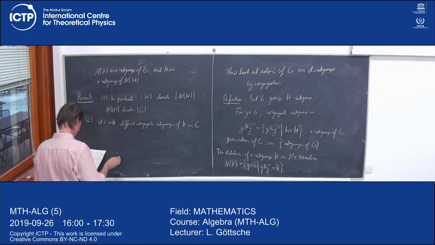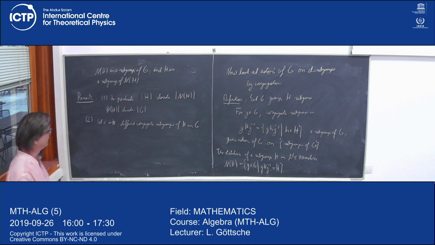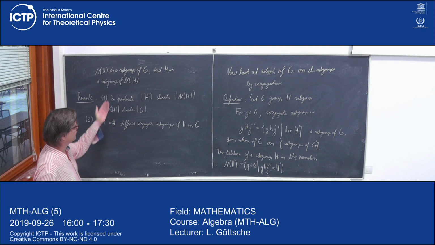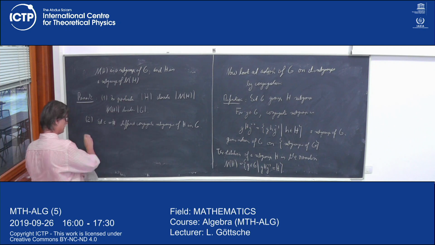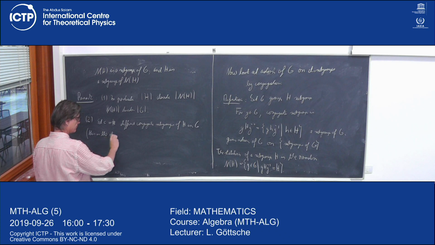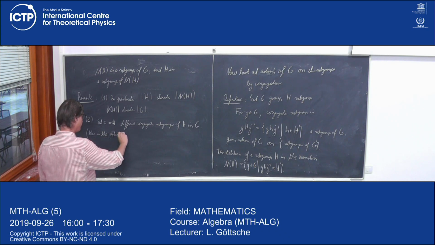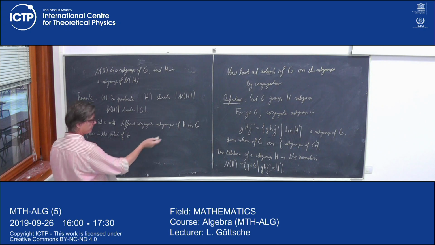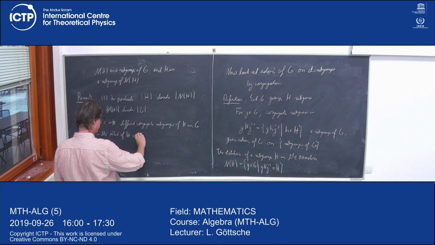Then we can apply the orbit stabilizer theorem, because obviously the conjugate subgroups, so note that this is the orbit of H under this conjugation.